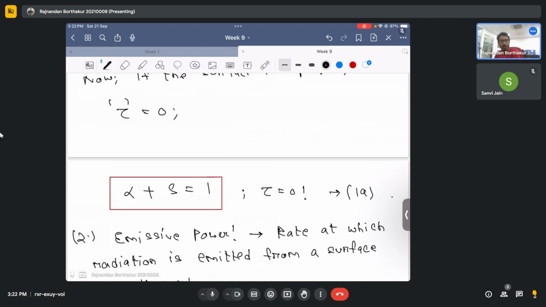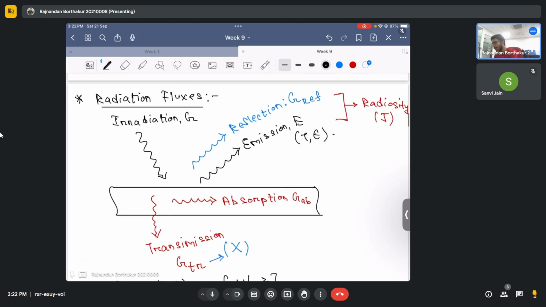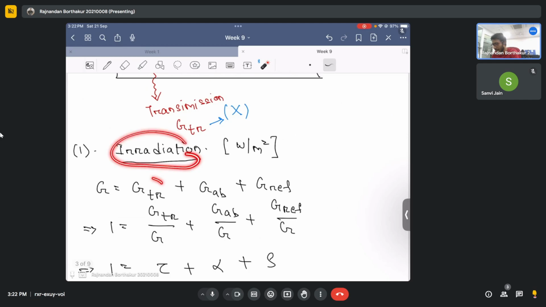All right. For the ones who just joined, what we were discussing is we were just starting the preliminary concepts of radiation, where we discussed the 4 basic radiation fluxes. We started off with something which is known as irradiation, and we saw that the net irradiation can be written as a summation of the transmitted irradiation plus the absorbed irradiation plus the reflected irradiation.